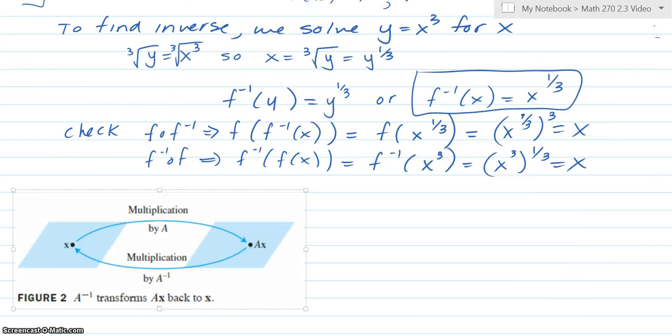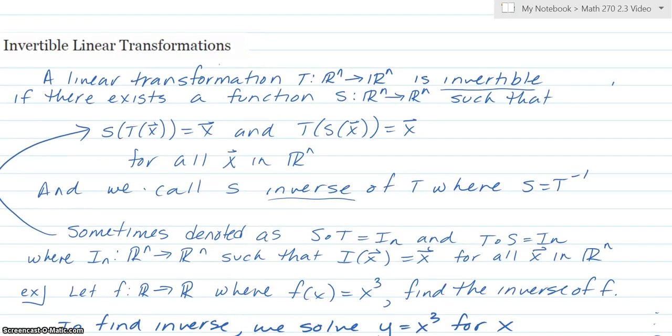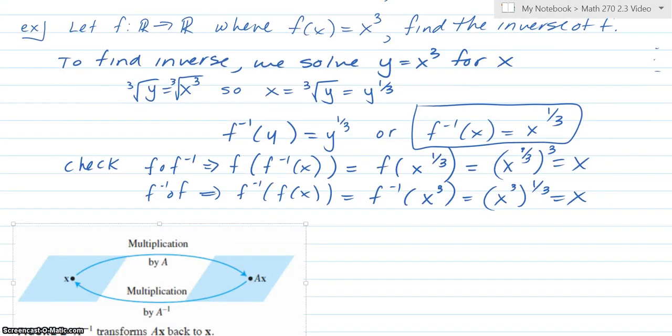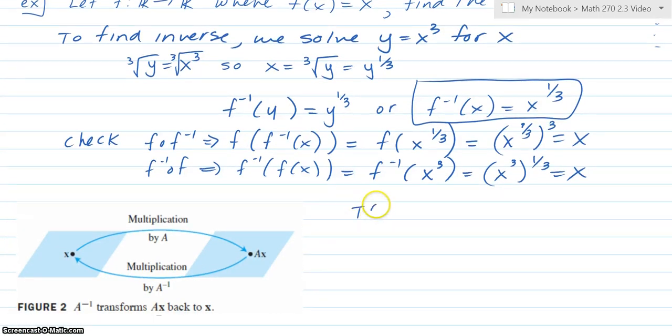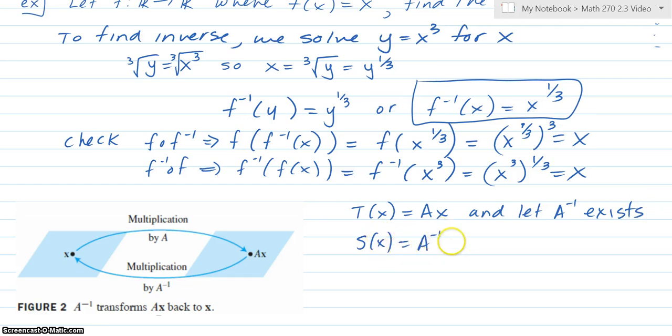What does this look like with matrices, with our linear transformation? If you remember, for every linear transformation you can find a standard matrix. And let's assume A is invertible. If that's the case, you're going to see that the inverse, and again you can call this T inverse of x, is just going to end up being A inverse times x.